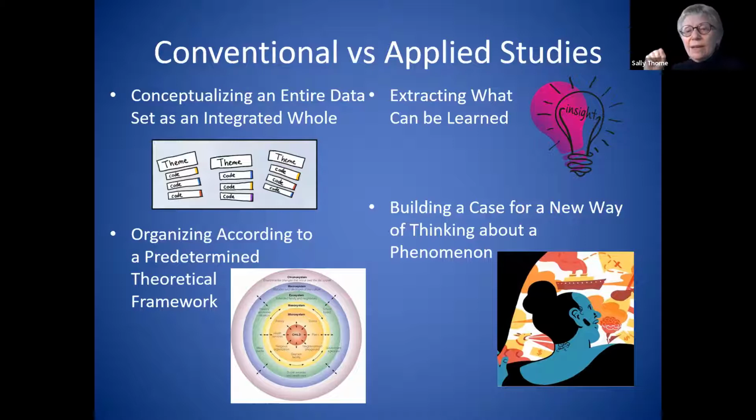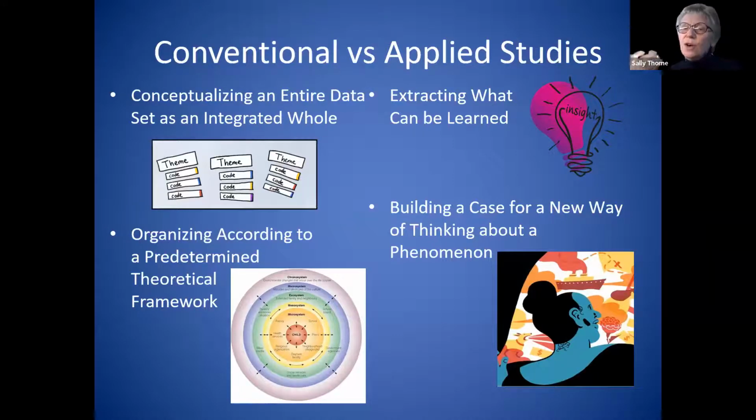What I think we're doing in the applied disciplines, however, is not either of those. Primarily, it's extracting from our data set what can be learned about a phenomenon for a particular purpose. We've created a research question that focuses our attention on new learning, new insights that can be extracted, new ways of thinking about things, and we have an audience at the end of it.